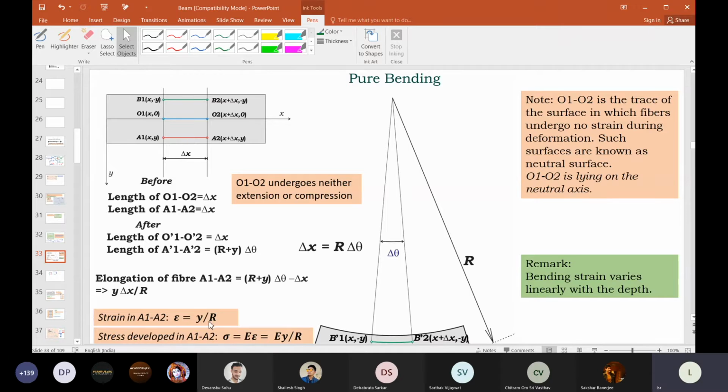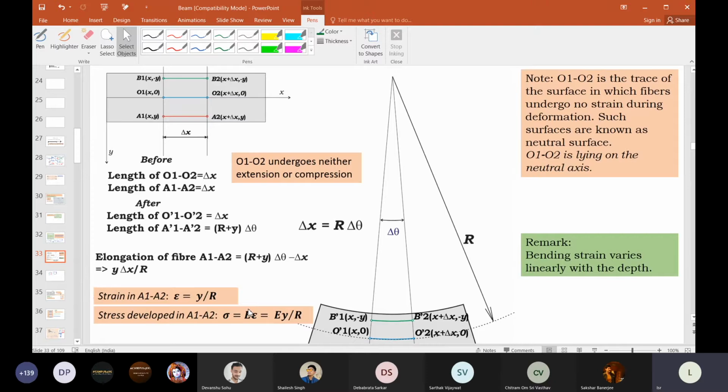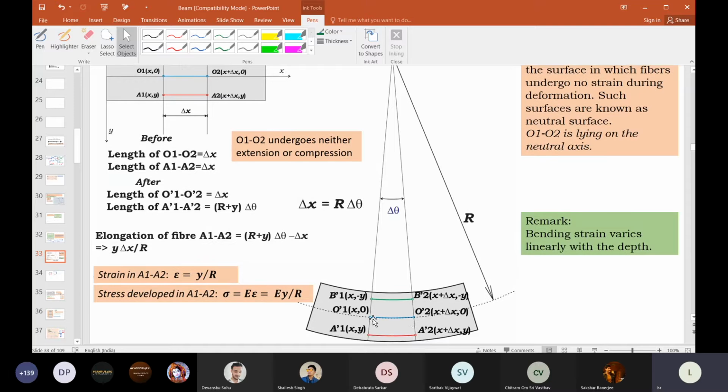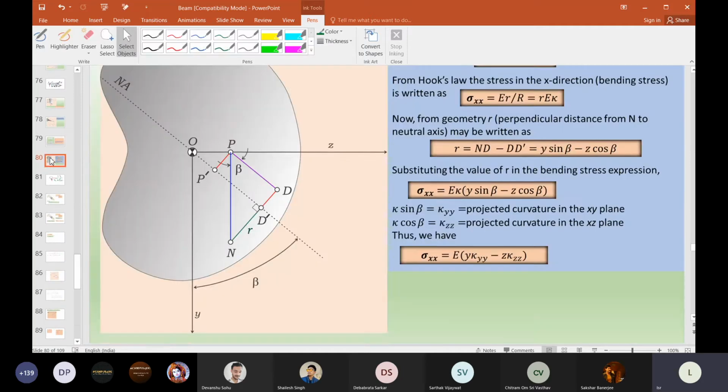Because of our assumptions, the plane sections remain plane and perpendicular. What will happen is the top fibers get compressed and the bottom fibers get stretched, and there is a line here which neither gets stretched nor compressed. At these points the strain is y by R, where y is taken as a distance. Now we have gone to slide 80.